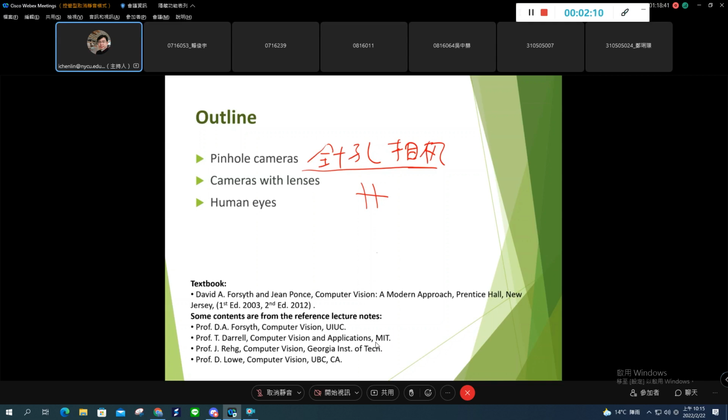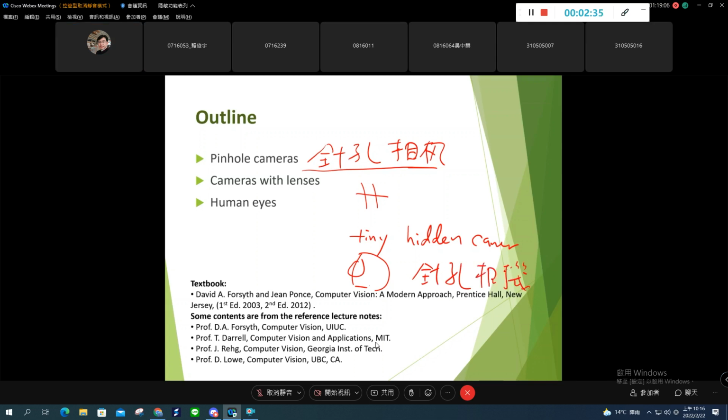For instance, when someone would like to secretly pick someone else in a motel or somewhere, you may have a tiny hidden camera. This is called 针孔相机. However, these things are actually not identical to the pinhole model we talk about.